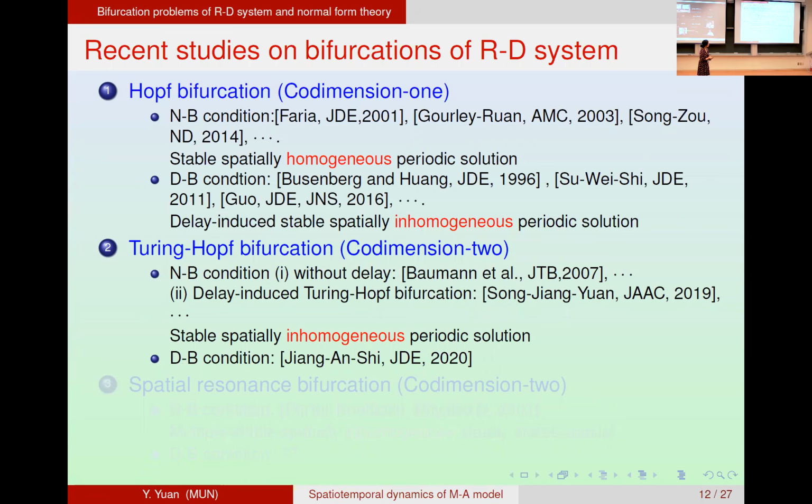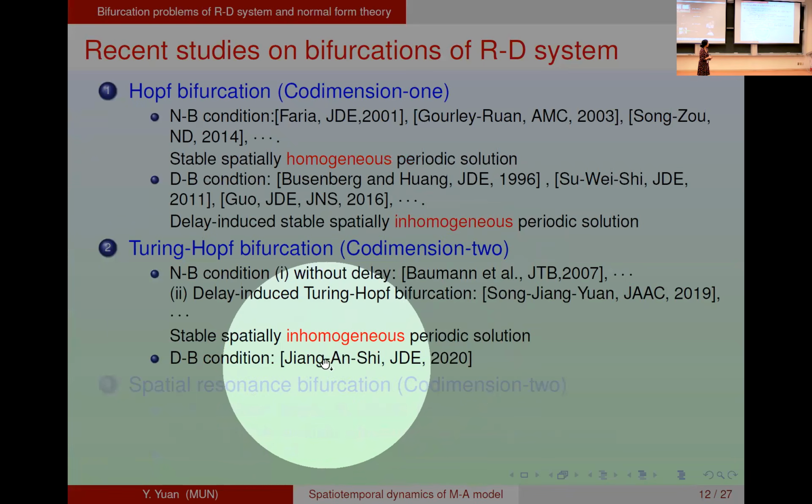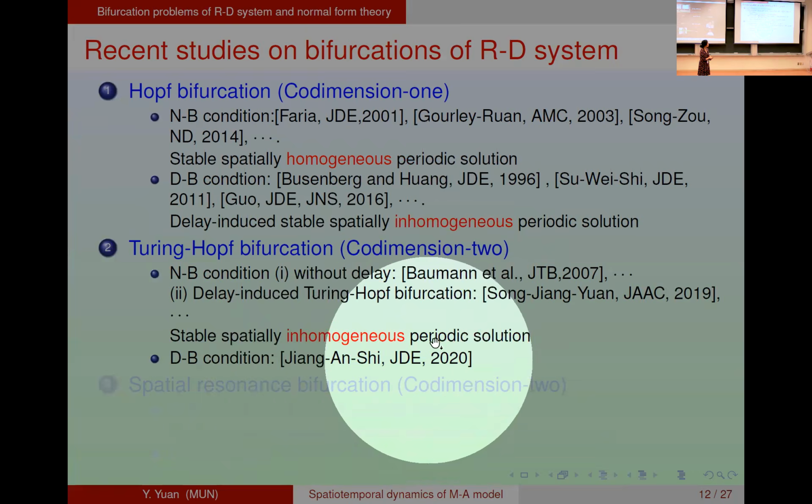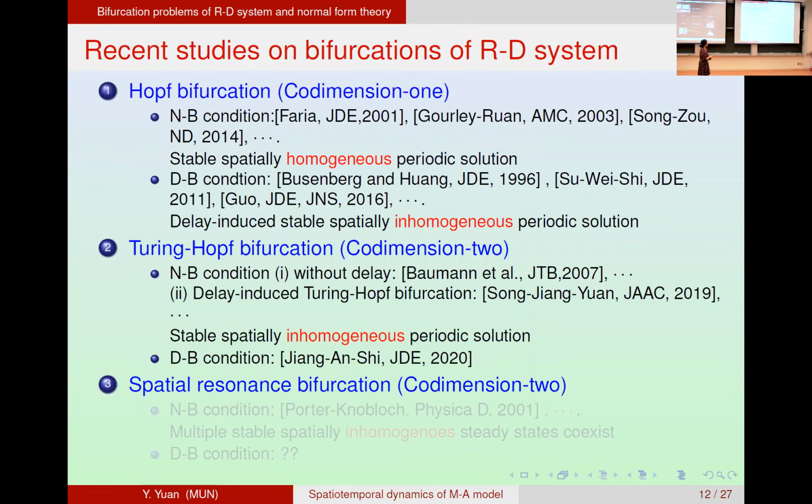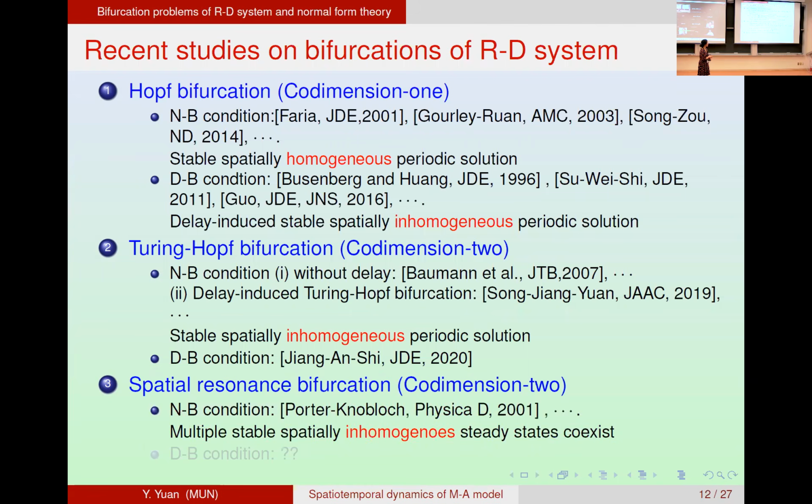In a recent paper by Wei Huajiang and Junping Shi, they provide a general algorithm, but still cannot find the explicit form for the derivative condition. Besides this, for the spatial and resonant bifurcation, although it is still called codimension 2, the analysis is much more complicated. There are some works as well.